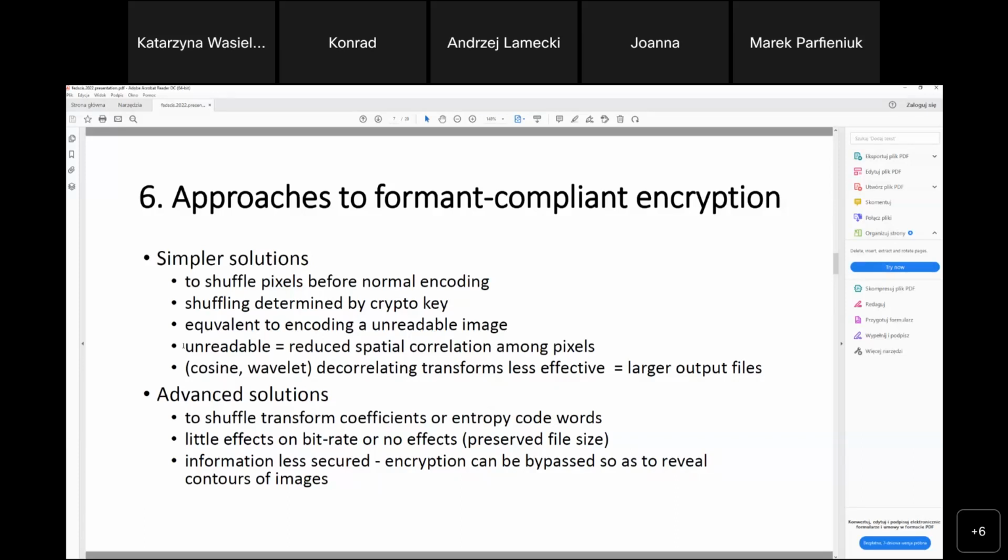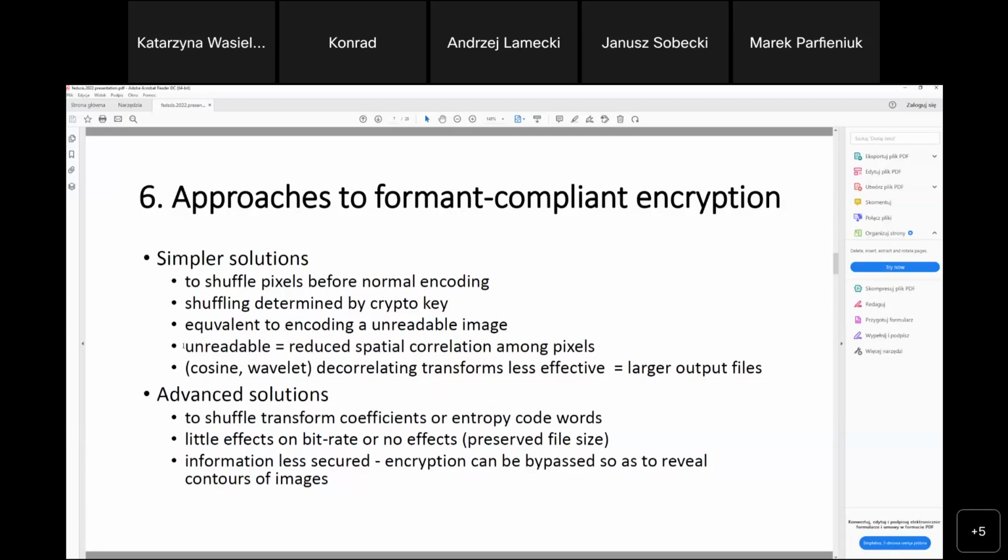A more advanced solution consists in wiser shuffling of transform coefficients or entropy codewords. Such solutions have little effect on bitrate or even no effect, or they preserve file size.